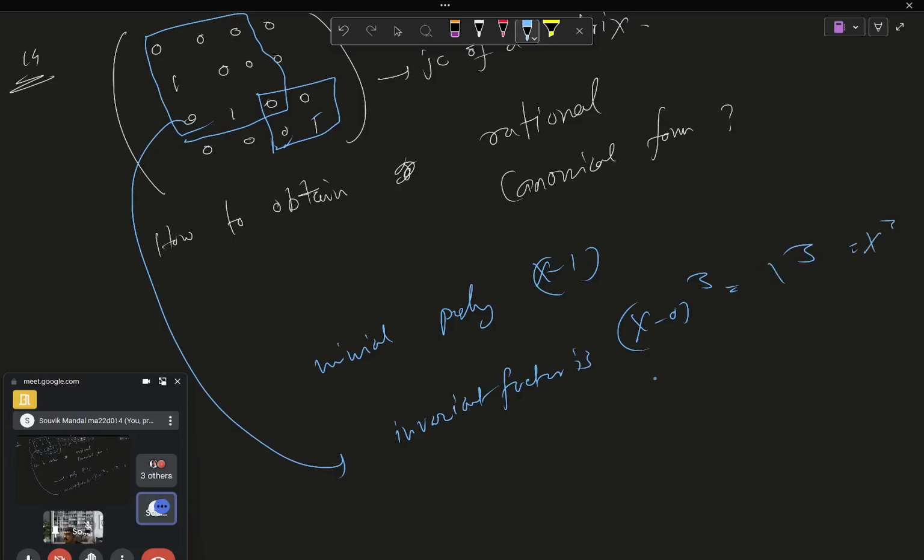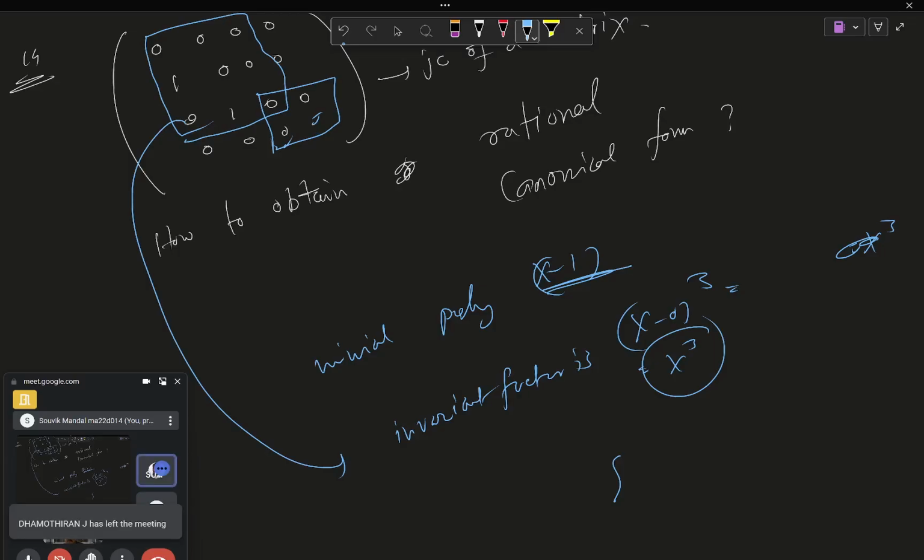Sorry, it's my mistake here. So x minus 1 is the minimal polynomial, and x cube is one invariant factor.